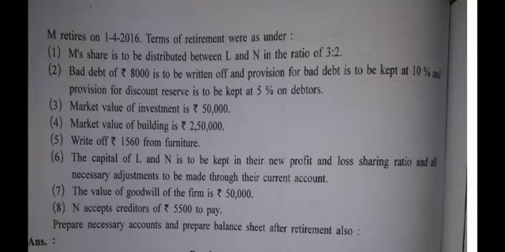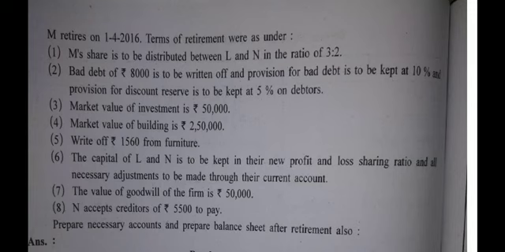And in most of the sums, you are provided with the new share of partners, the new ratio. Old ratio is always mentioned. Even in the adjustments, you are provided with the new ratio most of the time. Now today's sum is different in that case. You have to find out the new ratio.